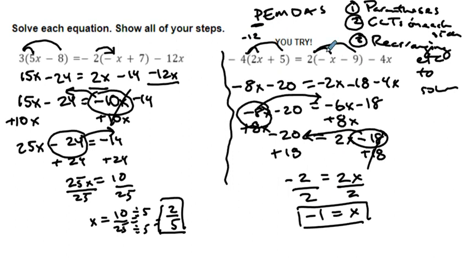You have a double negative here, negative, negative 1, so that makes it 1. Minus 9 is negative 8 times 2, so you get negative 16. And then this would become plus 4, because negative 4 times negative 1 is plus 4. And then negative 16 plus 4 is negative 12. So we checked it. It works.